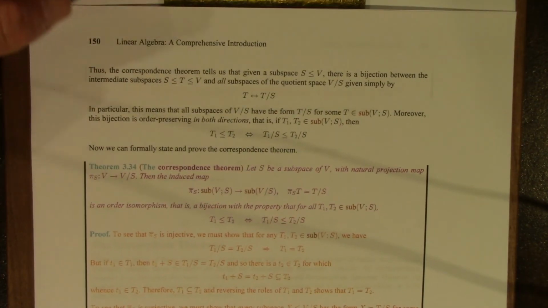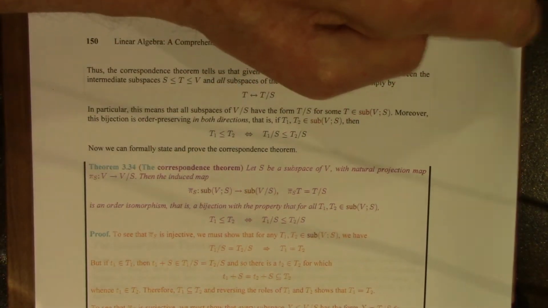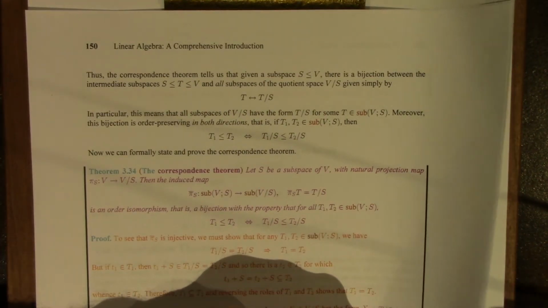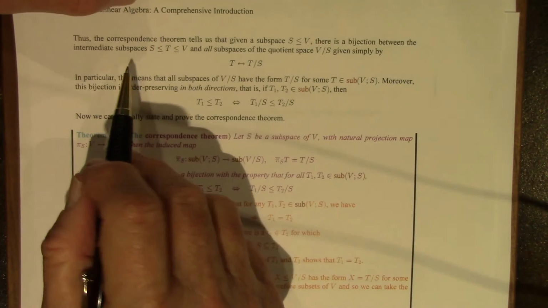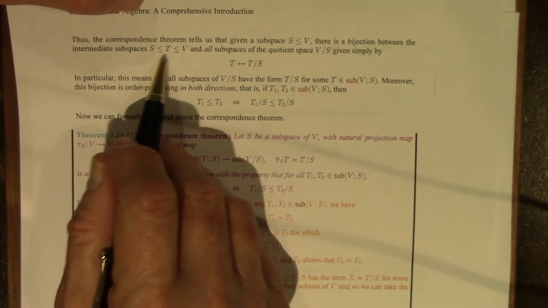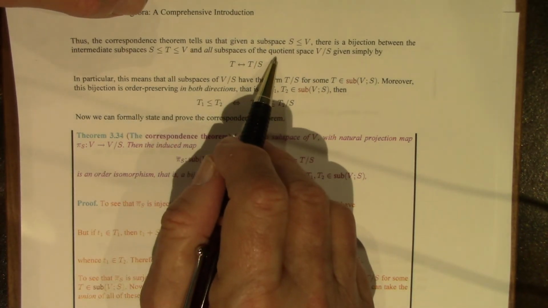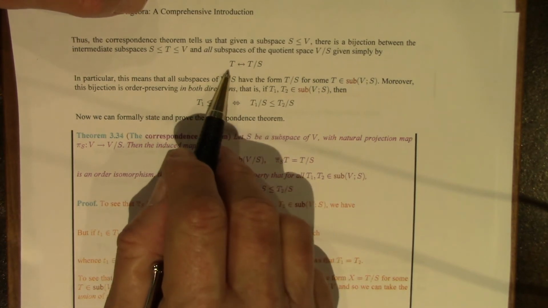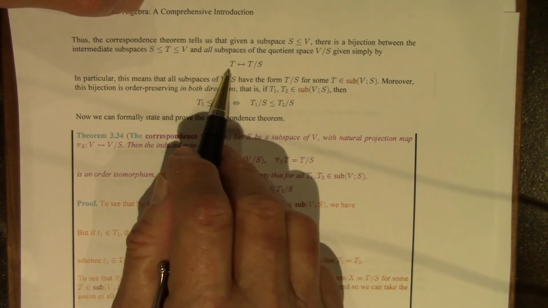So what we are going to prove is that given a subspace S of V, there's a bijection between the intermediate subspaces, between S and V, and all subspaces of the quotient space. And this is the bijection. T maps to T mod S and vice versa.